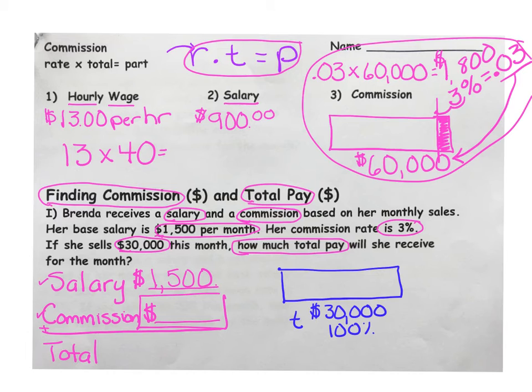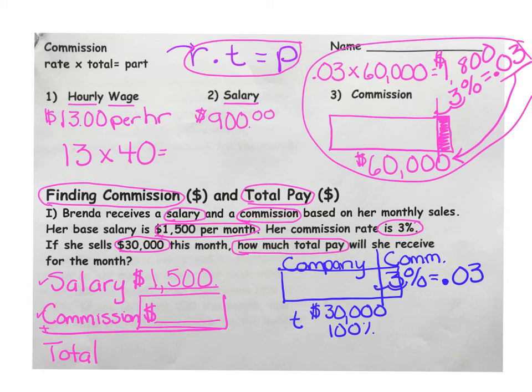Now, most of that money goes back to her company because they provide the products. But she receives a 3% commission, and we'll abbreviate that on that money. She's going to make 3 cents on every one of those dollars.